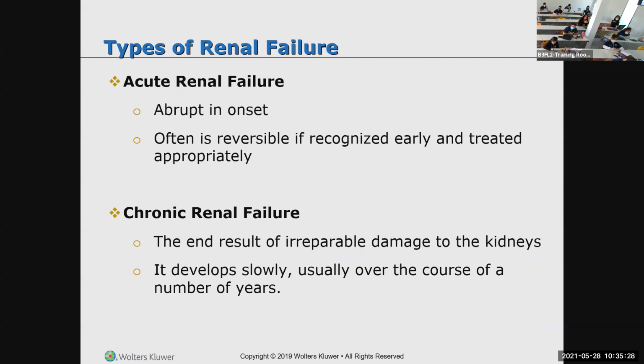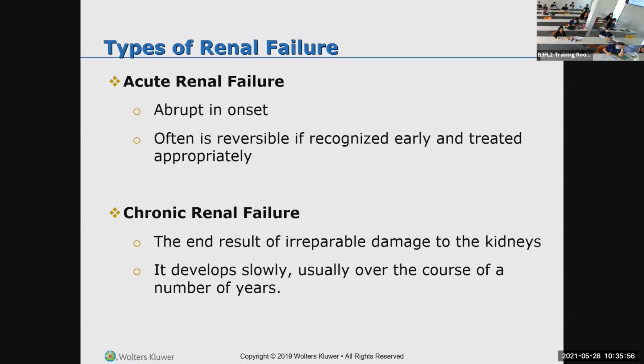Two things: they detect it at an early stage, and they treat it. I'm done. So that's the good part. Often it is reversible if, please remember, it is recognized early and treated appropriately, provided I follow the instructions of my doctor.